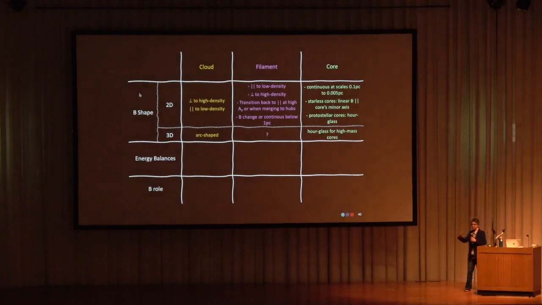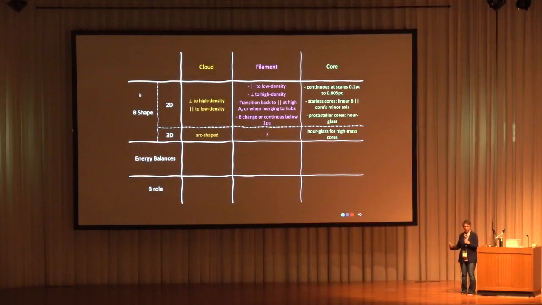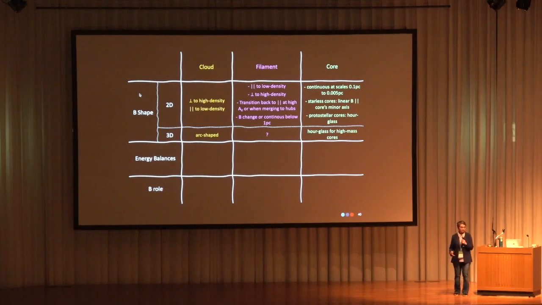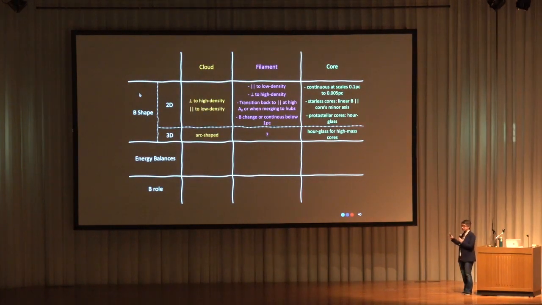So now putting all the magnetic field studies together so far, for the geometry of magnetic fields in cloud to filament to core scales, we see that perpendicular or parallel magnetic fields are dominant depending on the density, and in 3D, arc-shaped magnetic field morphology has been observed for some regions.